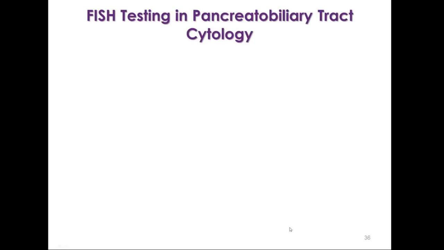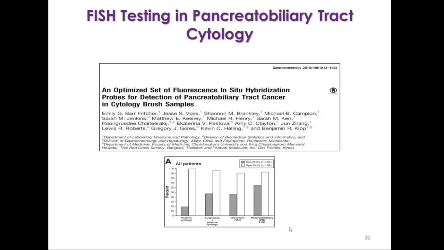So how about FISH testing in other sites? So the pancreatobiliary tract. Again, this is a publication from the Mayo Clinic, and it shows you the sensitivity and specificity of using just positive cytology or positive suspicious cytology versus using UroVysion FISH, and then using a FISH assay that they designed with specific probes.